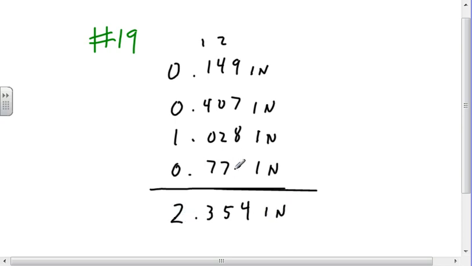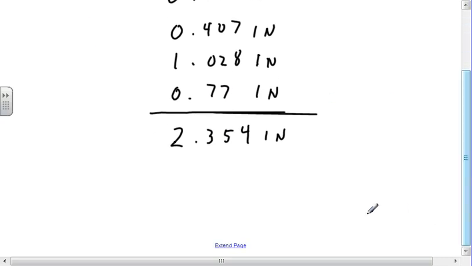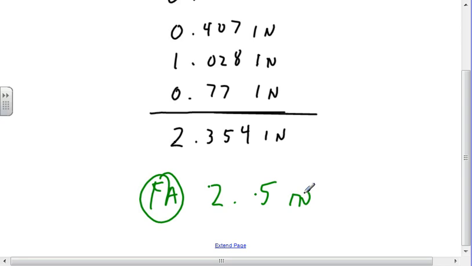Now, we're only accurate to the hundredth, so my final answer would be 2.35 inches.